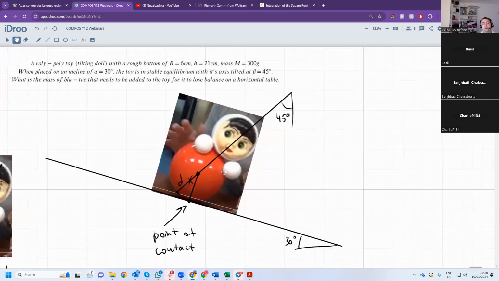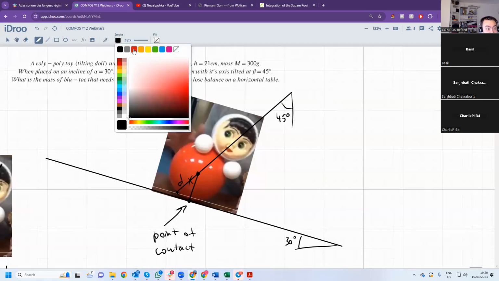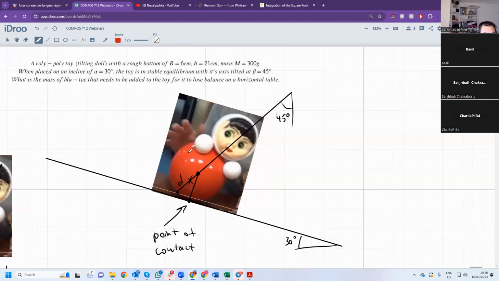Well, look, we've slanted the table by 30 degrees, and the toy tilted 45 degrees, and now it's in equilibrium, so it doesn't move. Yes, Archie, thank you. It is directly above the point of contact.